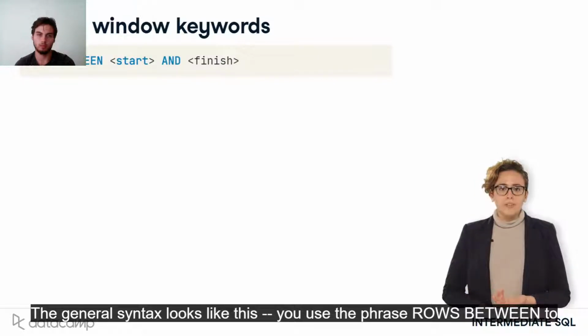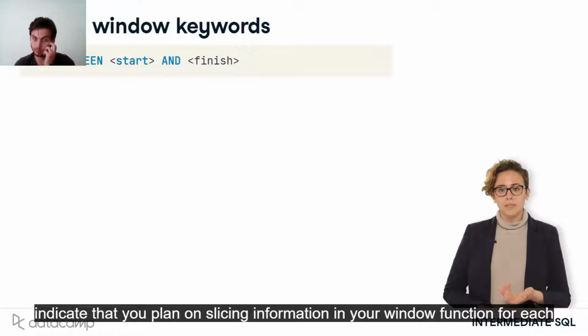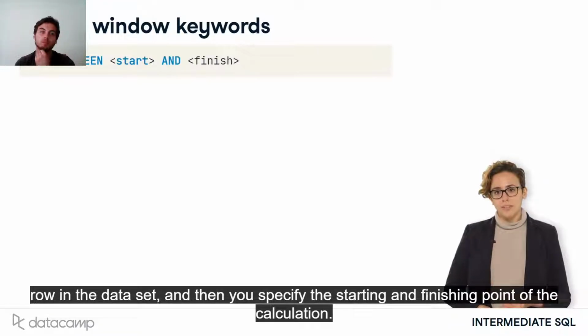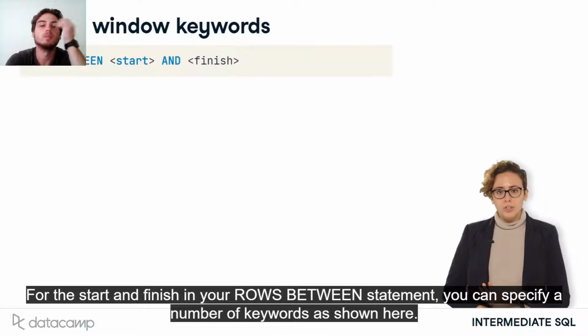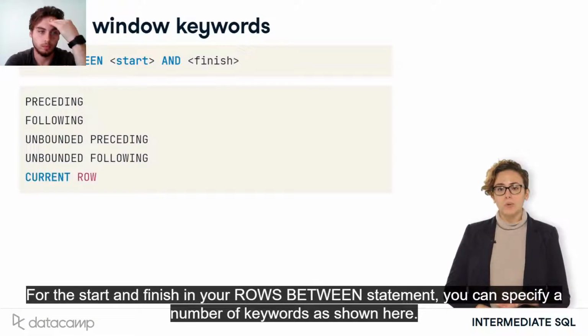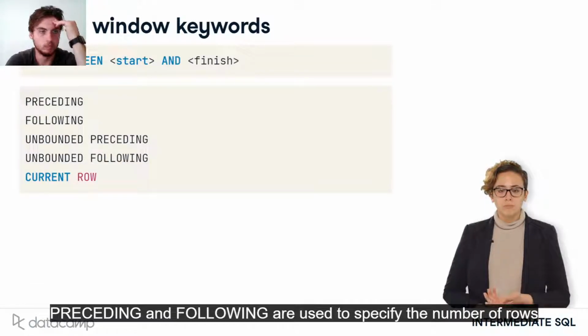You use the phrase rows between to indicate that you plan on slicing information in your window function for each row in the dataset. And then you specify the starting and finishing point of the calculation. For the start and finish in your rows between statement, you can specify a number of keywords as shown here.